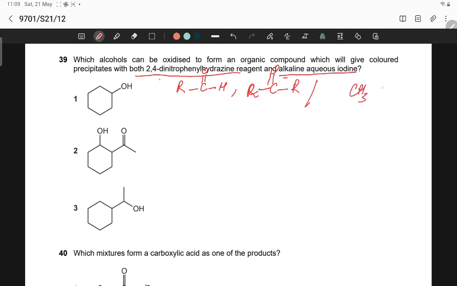If CH3 is present like this, then aqueous alkaline iodine gives a positive test.